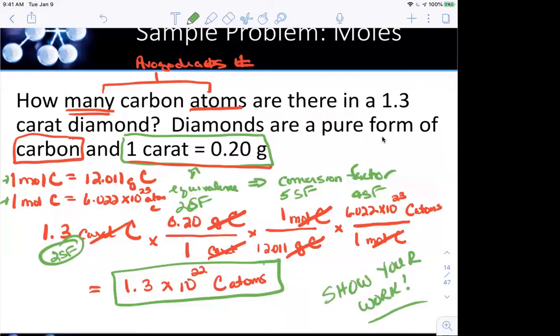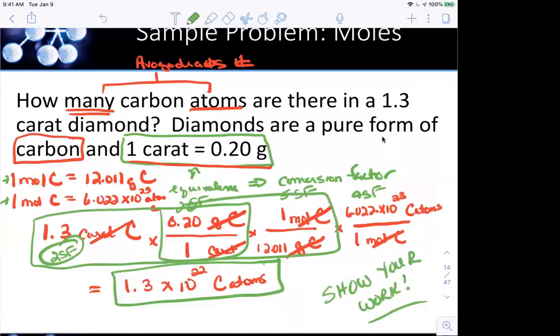Now you can do it stepwise, right? You can do the first step, and then the second step, and then the third step if you have to. At some point, I really want you trying to get this all to flow together and actually doing all the conversion factors in one string across the paper. Now that might not be where you are now, and that's fine.